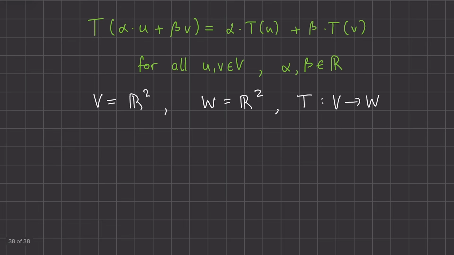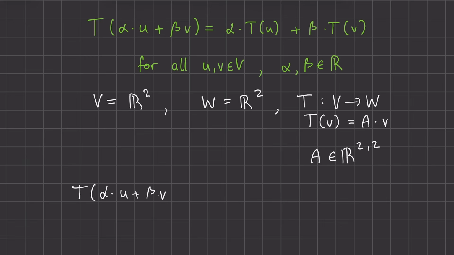We will say that our mapping goes from v to w, and it's defined as T applied to v being the same as multiplying A times v, where now A is a matrix of size 2 times 2. If we now write this equation, T of alpha times u plus beta times v, and then we plug in our definition of T, we get A times alpha times u plus beta times v.